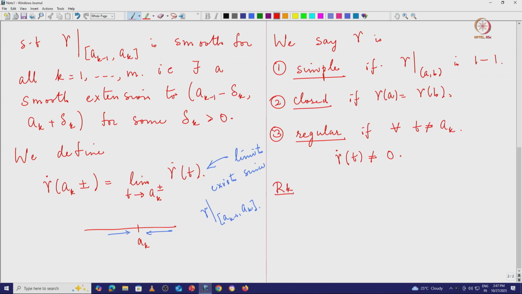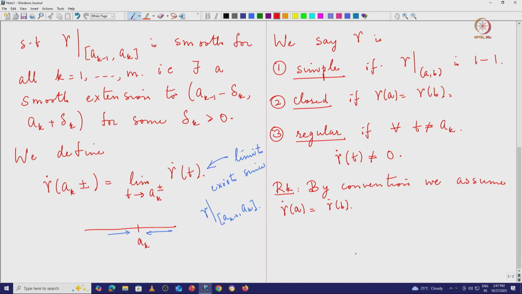So a remark is that by convention we always assume that gamma dot of a is equal to gamma dot of b.